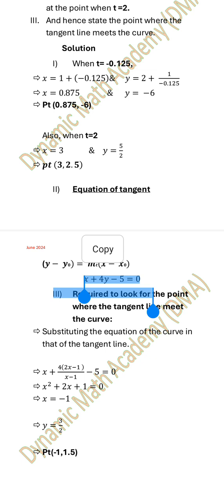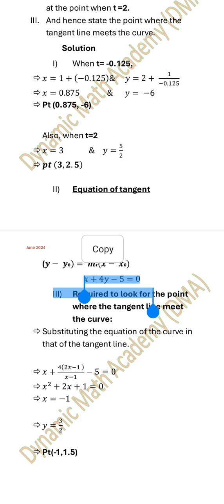From there now we're going to have x squared plus 2x plus 1 equals 0. This is still another quadratic equation to solve for x. If you do that correctly, it factors: when you multiply you have ac and when you add you have b. That's 1 and 1. 1 times 1 is 1 and 1 plus 1 is 2.